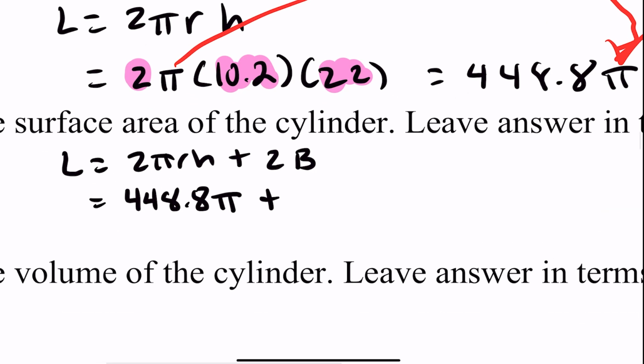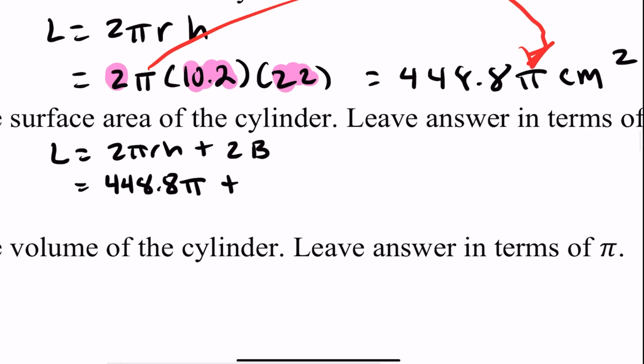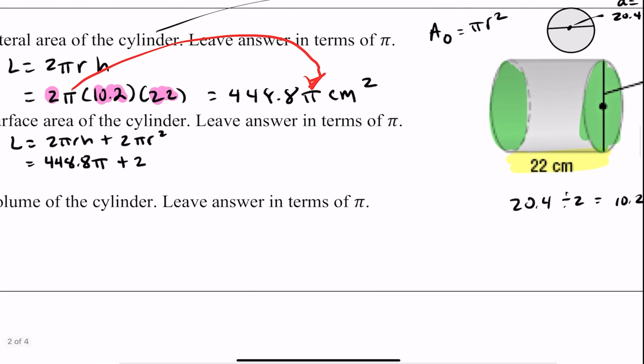The base is a circle, and the area of a circle is pi r squared, right? So I can replace this capital B with pi r squared. So it's 2 times pi r squared.